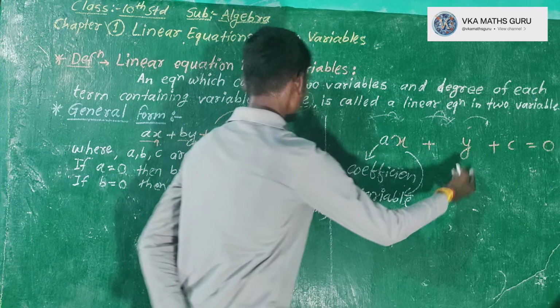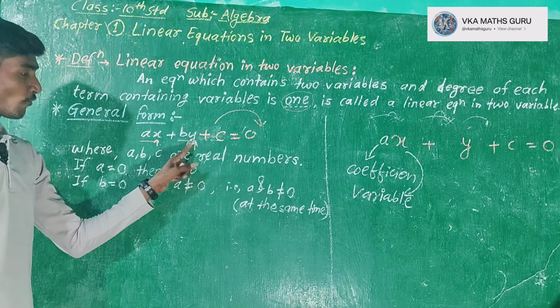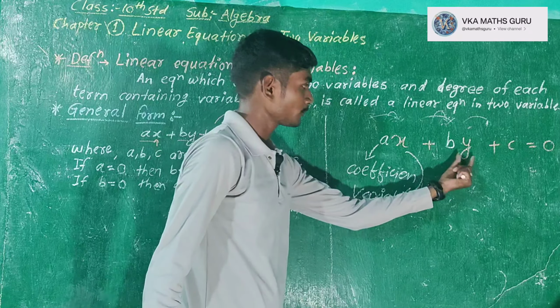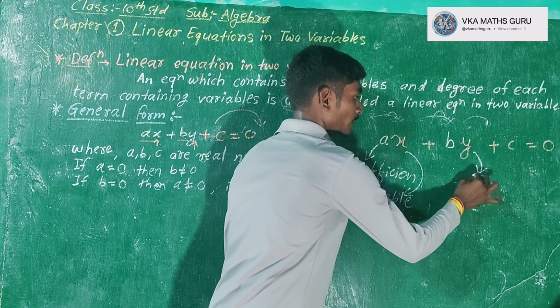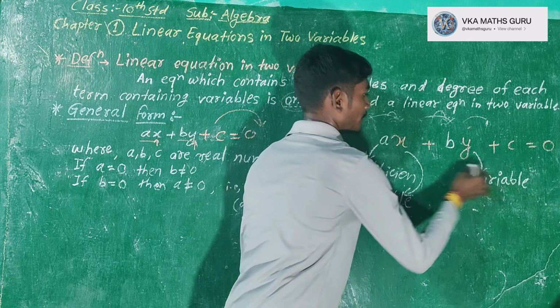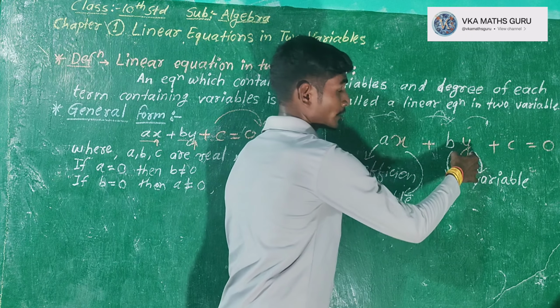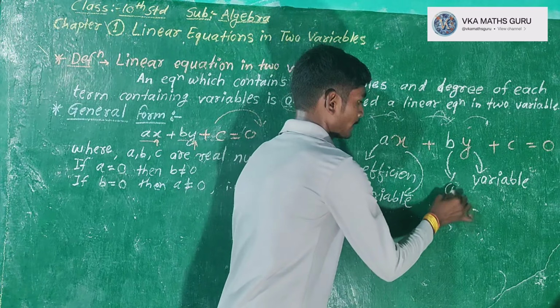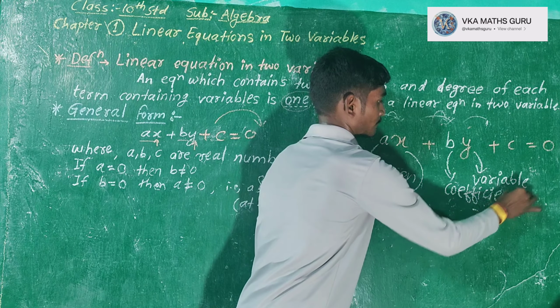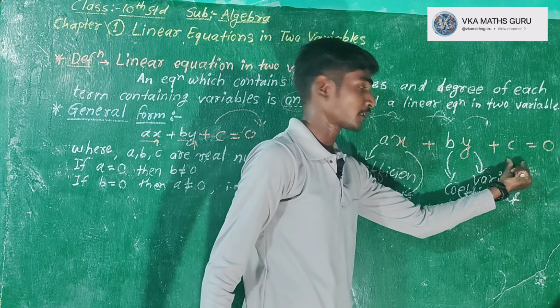Like in the y term, by: in this term y is a variable, and b is a coefficient of this variable y, and c is a constant term.